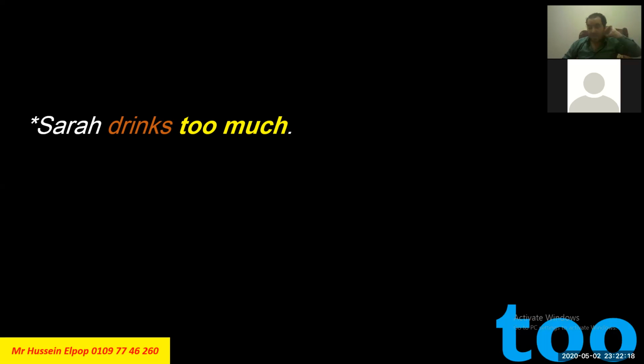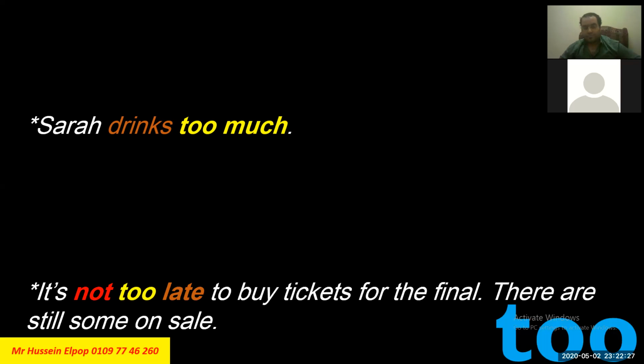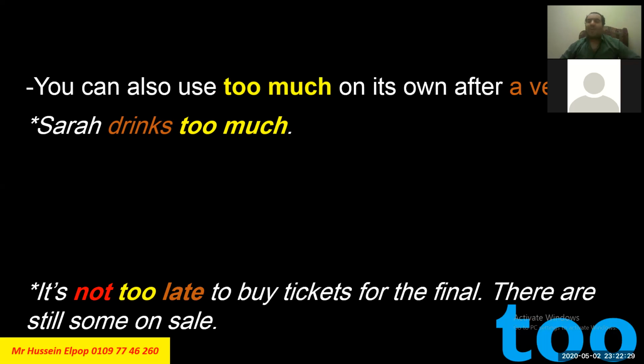She drinks too much. We use too much after a verb. So Sarah drinks too much. Because we said that too much plus a noun, now we say too plus an adjective or too plus an adverb. Now we say that too much can come after a verb.